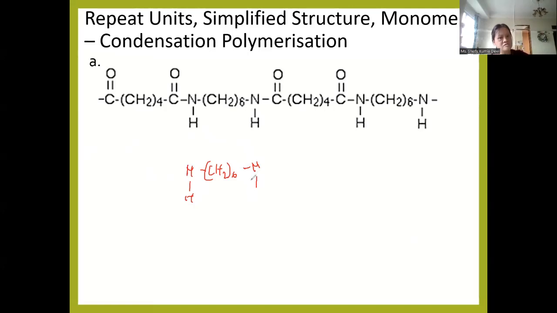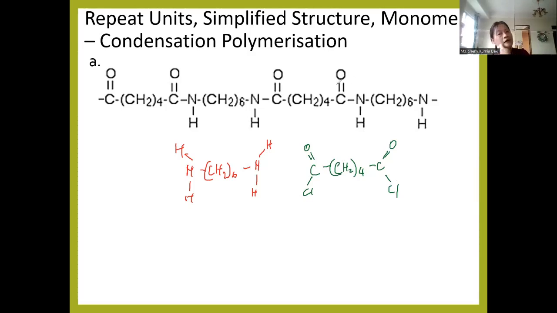This is addition molecule, so the original molecule should have another substance actually. From nylon, that is this one, H. This one also H. This is N. Sorry for my drawing, it is very messy. That is this one, the other molecule. These are the two monomers of nylon.